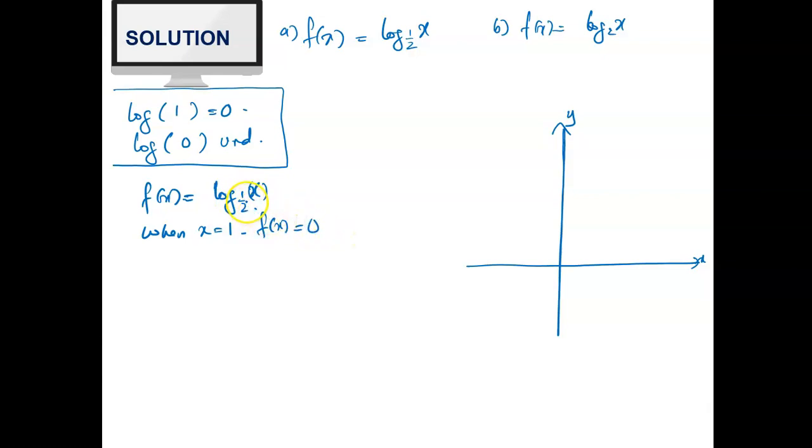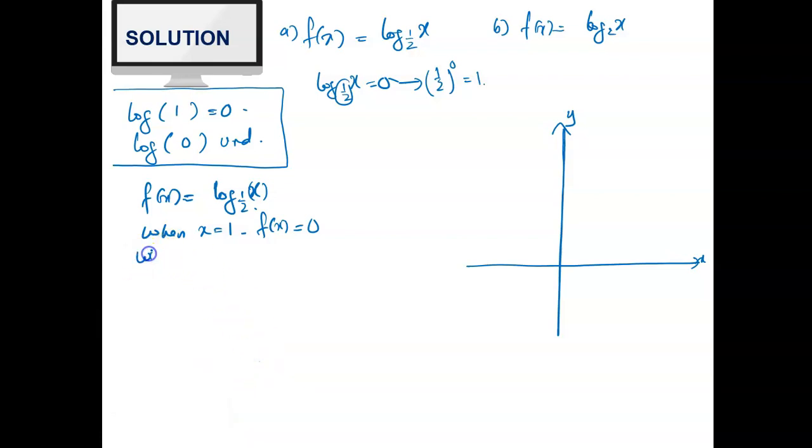Why? Because the base of half to the power of 0, any number to the power of 0 will surely give you 1. So that's why log 1 equal to 0.